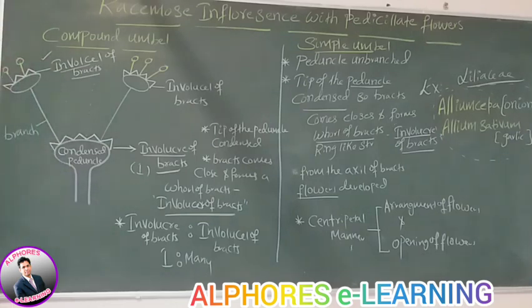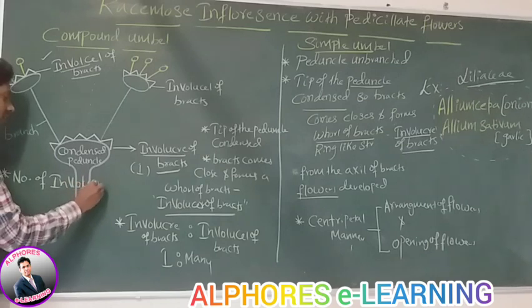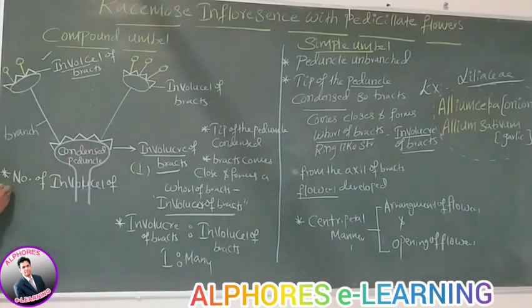Yes or no? Therefore, in compound umbel, the number of involucre of bracts is equal to the number of branches.